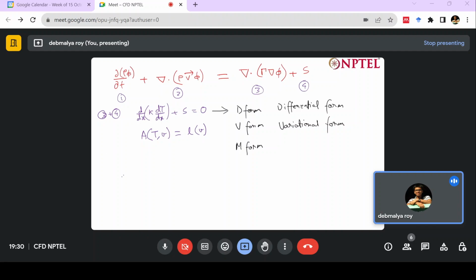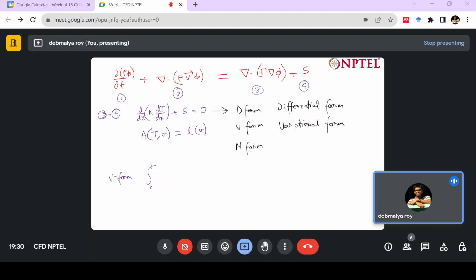So for this equation, what will be the V form? Let's say 0 to L is the domain; it can be something else as well.